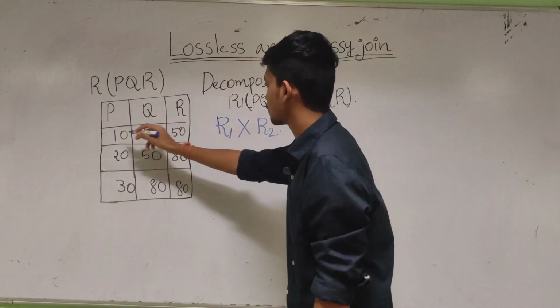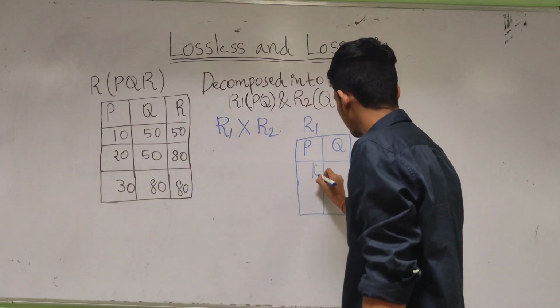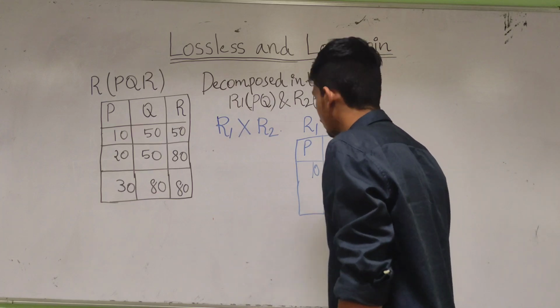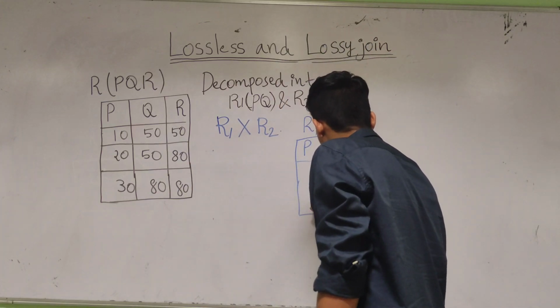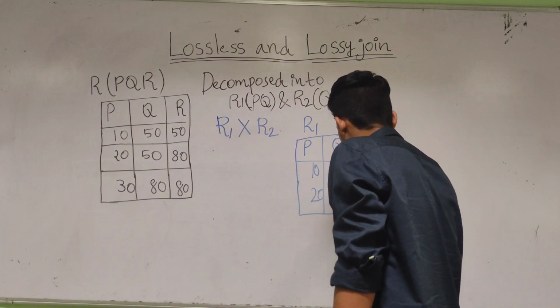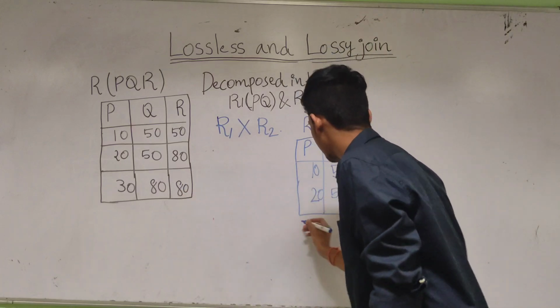This is the R1 table: 10, 50 and 20, 50 and then 30, 80 are the values.